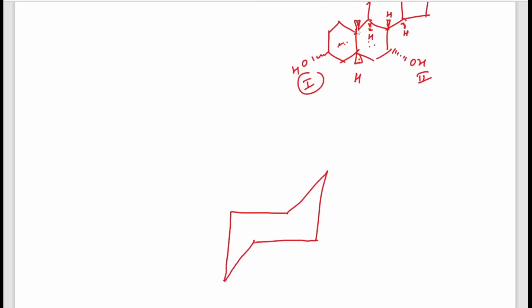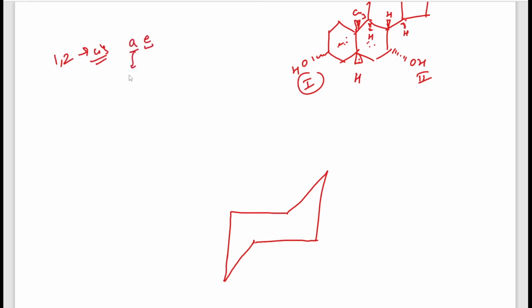So we know that in these two rings, this methyl group and H are cis to each other, and we will prefer equatorial position of a methyl group as compared to axial, because at axial there will be 1,3 diaxial interactions. Okay, the structure will be unstable, and we know that for 1,2 cis position, one group should be at axial position and other should be at equatorial.